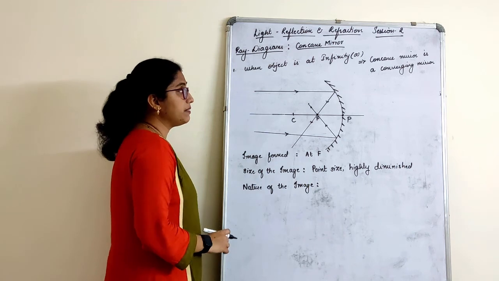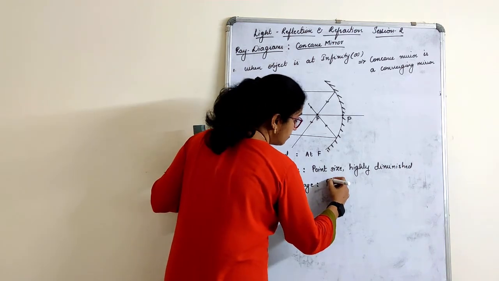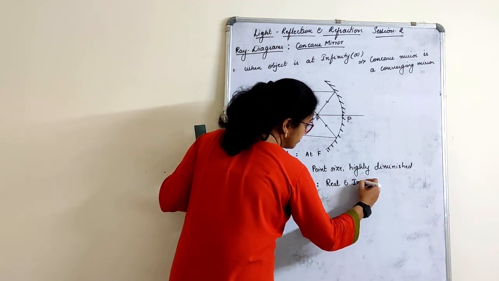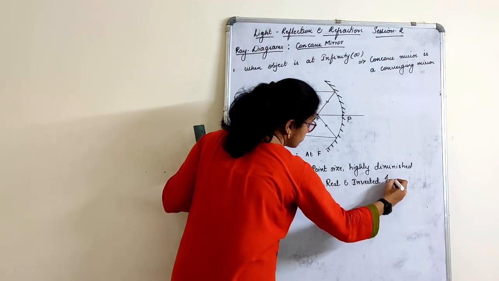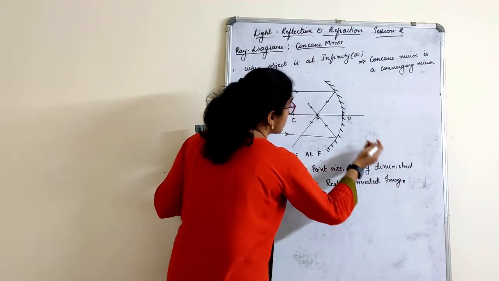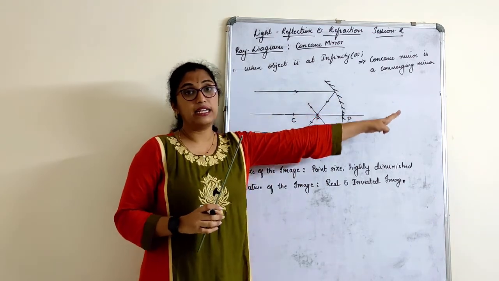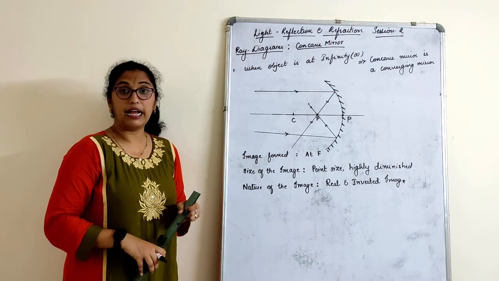Next, nature of the image. Usually all concave mirrors will give you a real and inverted image. The image which is caught on the same side here is real. If it is caught somewhere on this side, it is a virtual image. So the nature of the image is real and inverted.